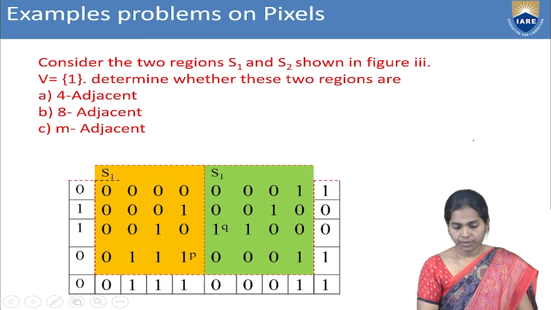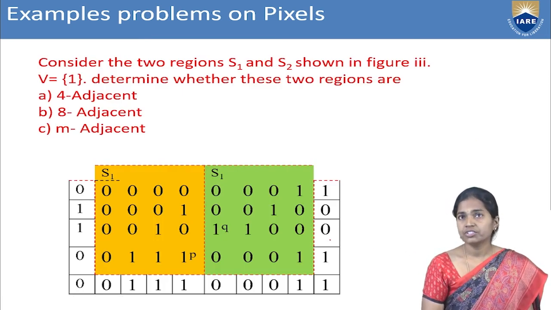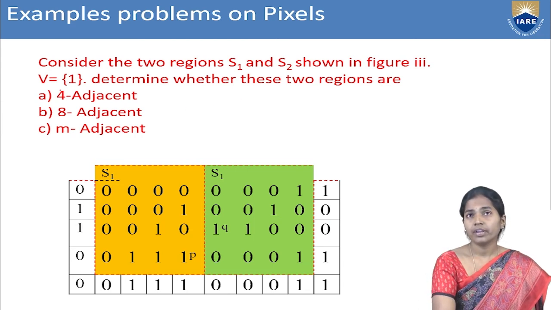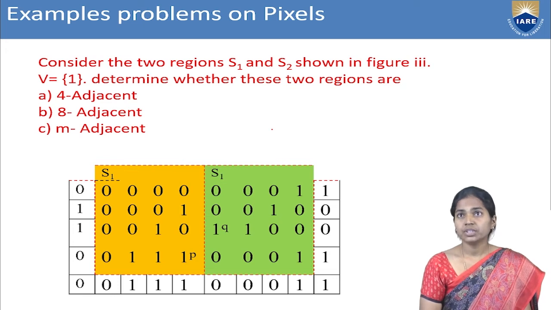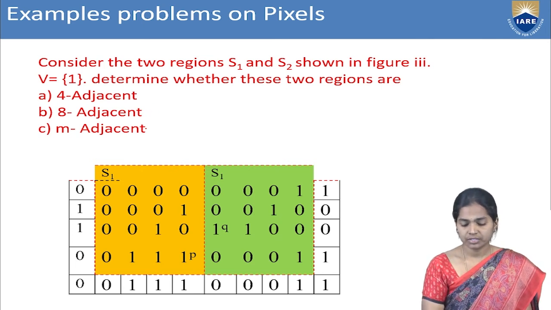And one more problem here: consider the two regions S1 and S2 shown in the figure. Here V equals 1. Determine whether these two regions are 4 adjacent, 8 adjacent or M adjacent.